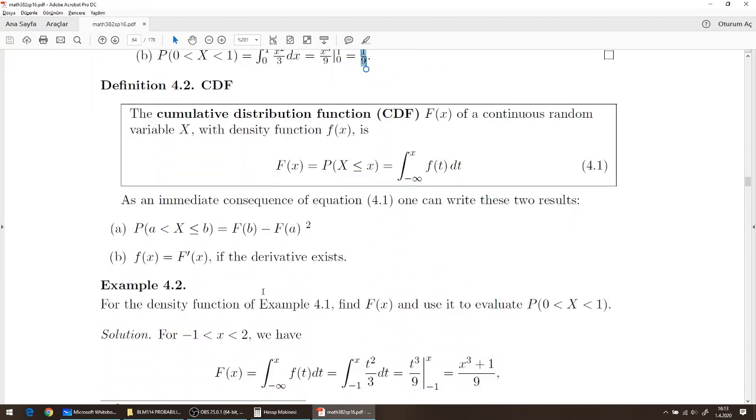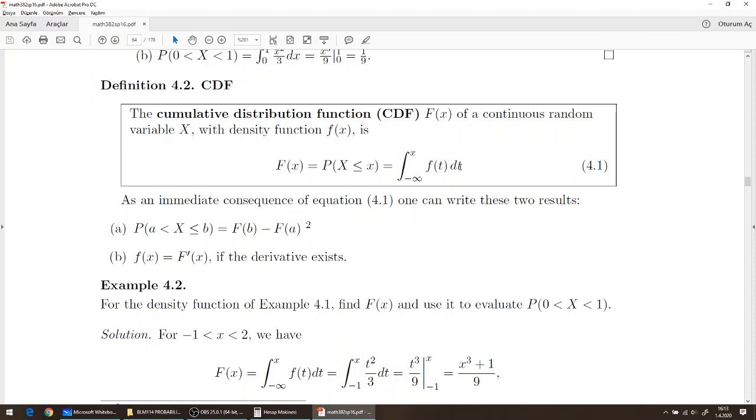And the cumulative distribution function, CDF. Yes, the cumulative distribution function CDF of a continuous random variable is equal to, yes, this is again an integral. Listen carefully. We don't use x.